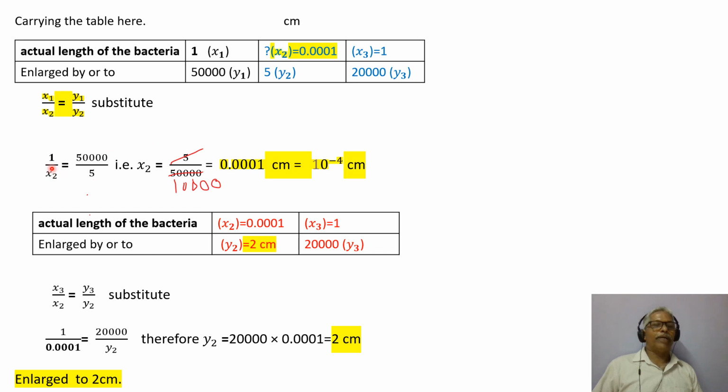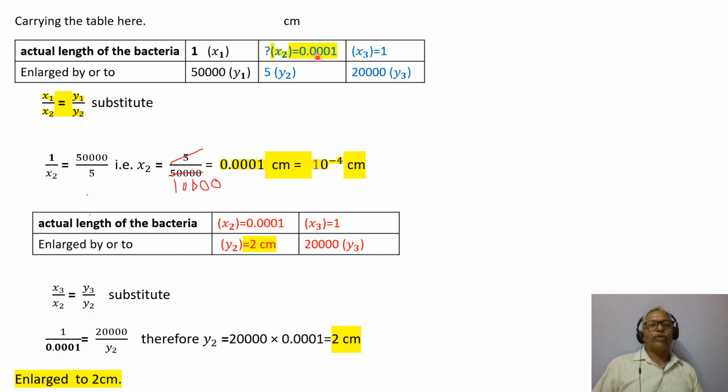So cross multiply, x2 goes up, 5 goes up, 50,000 comes down. So x2 equal to 5 upon 50,000 is 1 upon 10000, that is 0.0001 centimeter, and this was in centimeter. That is equal to 10 raised to minus 4 centimeters. The actual size is 10 raised to minus 4 centimeters.